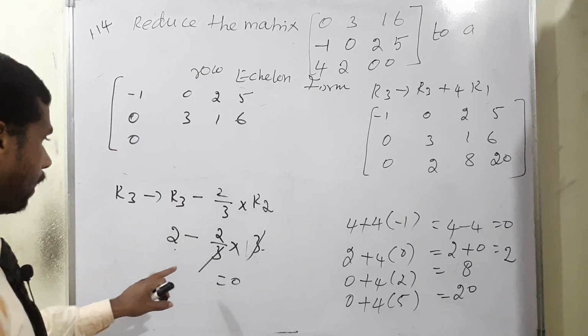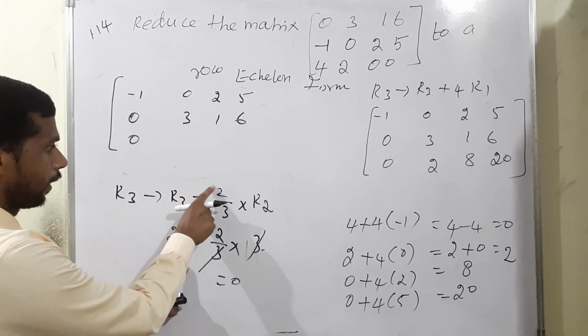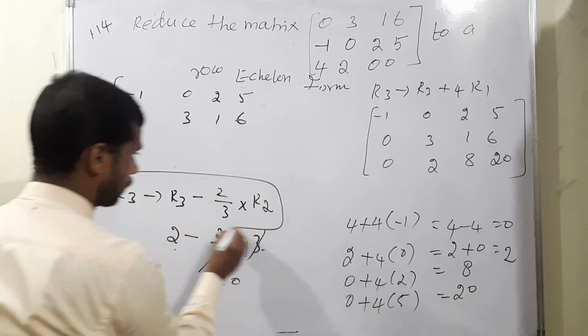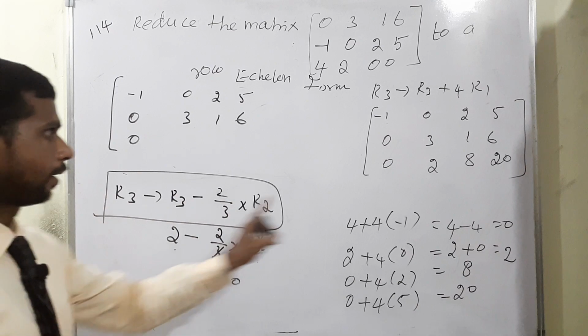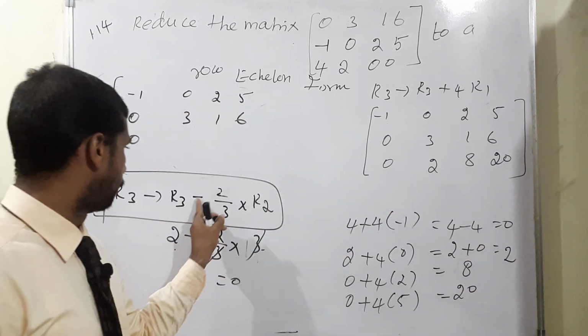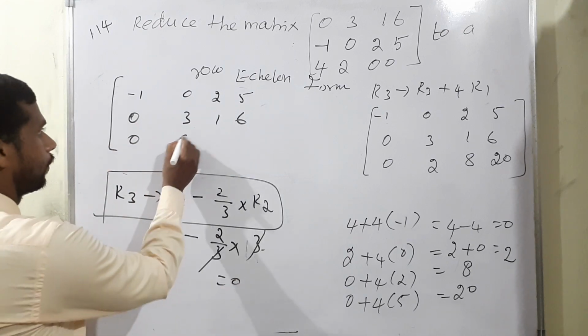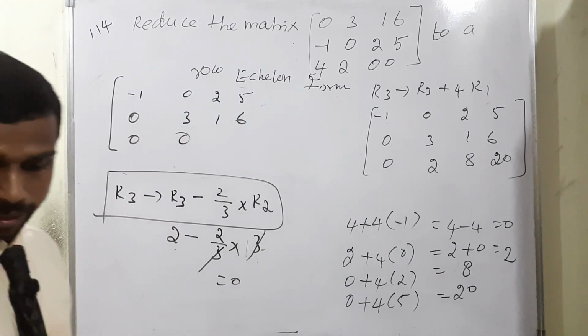Next condition, already explained here. What is the meaning? R3 minus 2 by 3 into R2, isn't it? So this is the next step way. So in R3 I have already written 2 minus 2 by 3 into R2, value will be 3. Cancel, is it? So we can write it directly 0. But next condition.